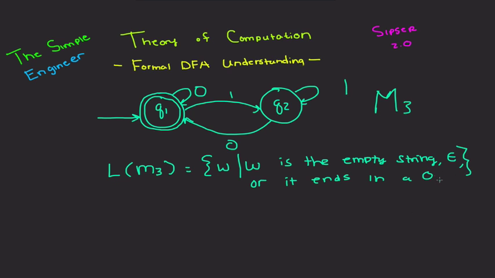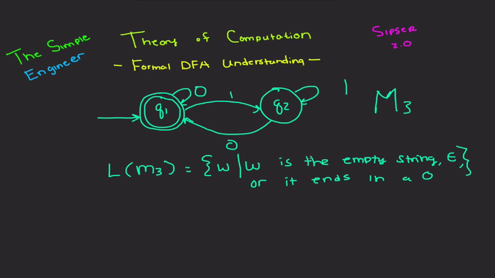So for a language to recognize something, it means that at the end of the character input, I've ended up in a final state, which would be Q1. So there's a string W where W is the empty string. Usually in computation, we say epsilon is the empty string, where you literally read in no character, which is understandable here because if we start in Q1 and we haven't even read anything, we're already accepting. So that is a possible combination here.